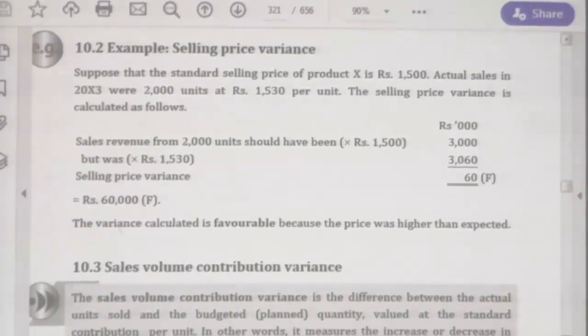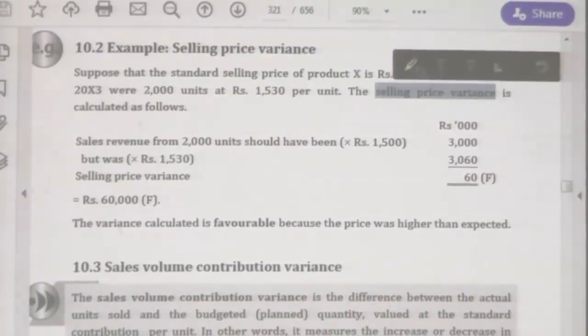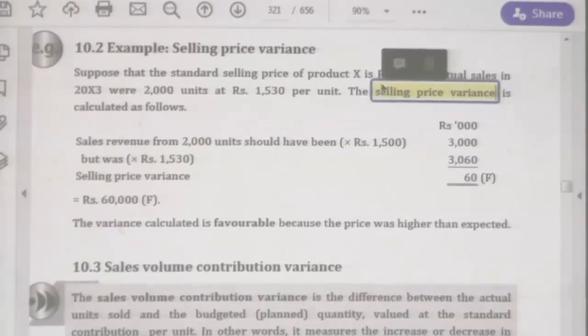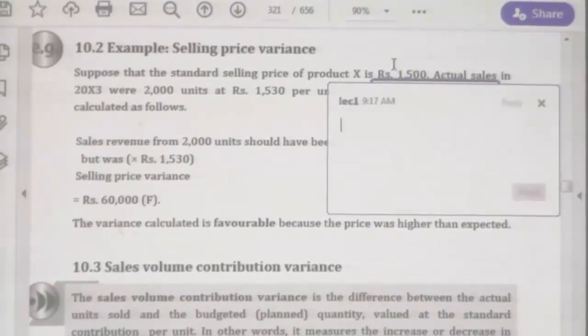If you take this example, sales price variance is trying to find out the variance of the expected selling price and actual selling price on the actual quantity you sold. See this example. Suppose the standard selling price is 1500, actual sales were 2000 units at 1530 per unit. The selling price variance, very important to understand.